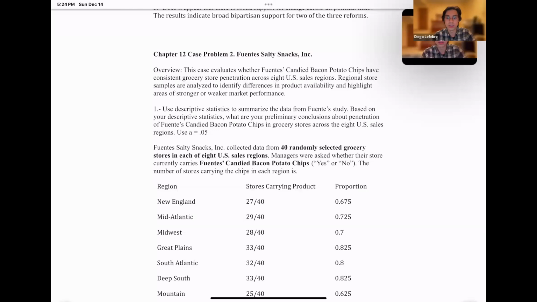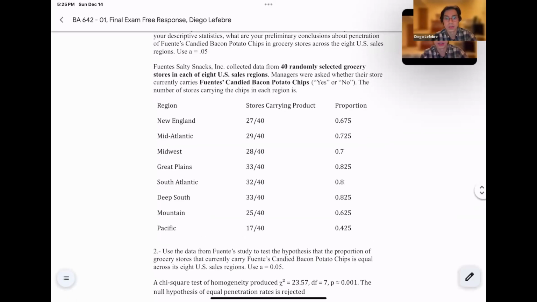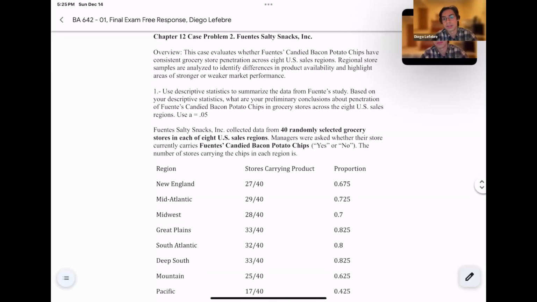With that, we did a chi-square test to test a hypothesis about the penetration of Fuentes Salty Snacks. We wanted to see if it's the right distribution, if there are better stores to have the product in and have more success.